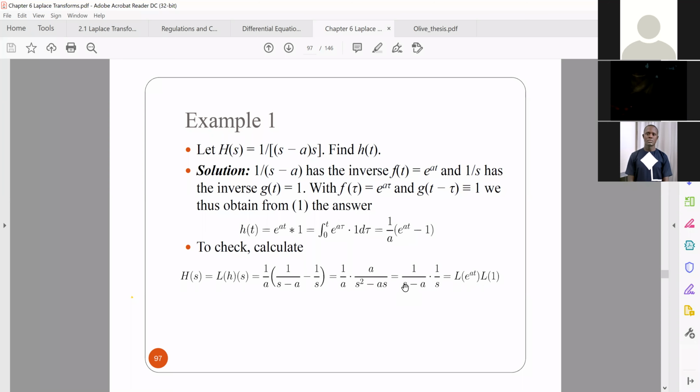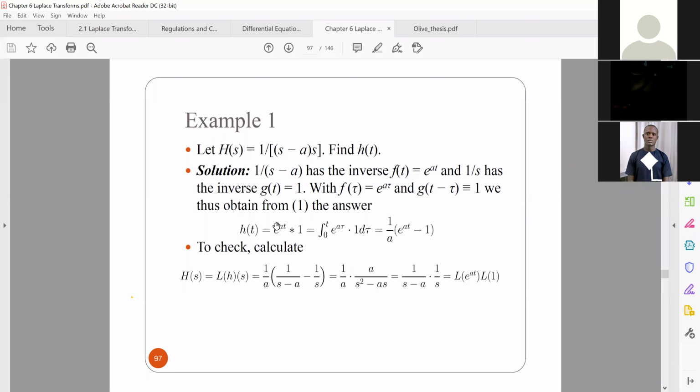We know what those are, okay? The inverse transform of 1 over s minus a is e to the power at, and of 1 over s is 1. So if we get their convolution, we will be able to find what h(t) is. And that's what is done here, okay?